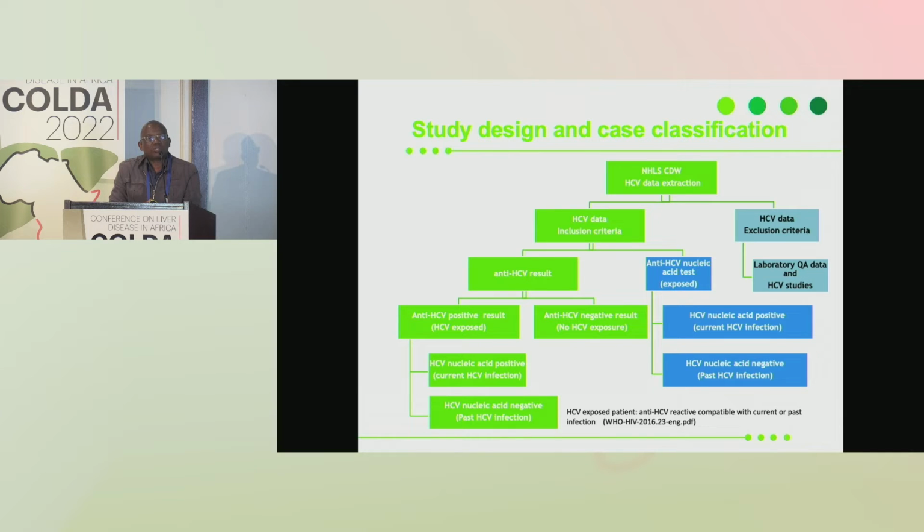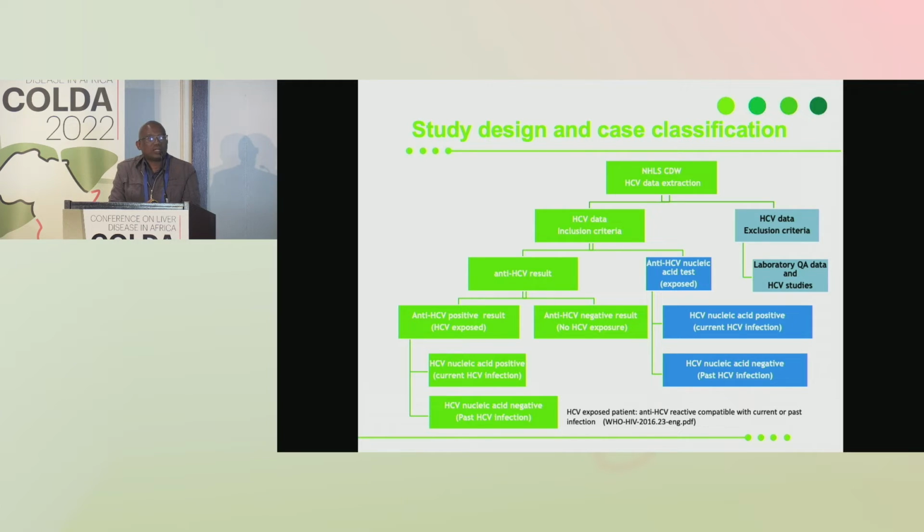We used the WHO guideline for testing, which was published in 2016, to classify the data. Patients with antibody positive results we regarded as hepatitis C exposed patients.